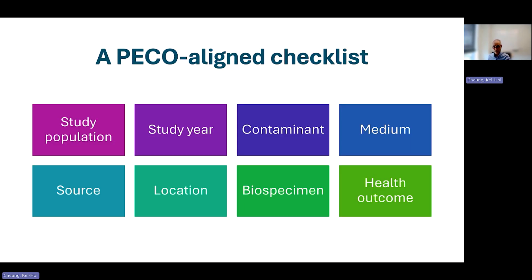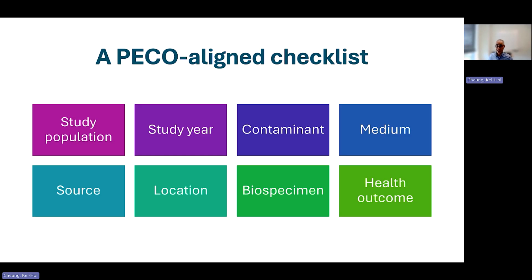Now, for this LLM project, we combine the PECO framework and the checklist idea to create a PECO-aligned checklist. Basically, it's a list of 8 entity types. They include study population, study year, contaminant, medium, source, location, biospecimen, and health outcome.